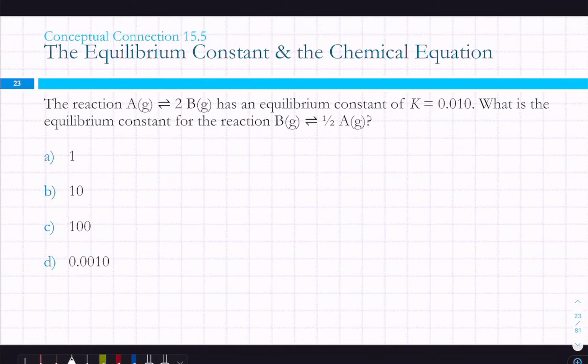So if we have the reaction A reacting to form 2B, and that has an equilibrium constant of K equals 0.010, what is the equilibrium constant for the reaction B reacting to form 1/2 A? So how do we need to manipulate this equation to be like this one?